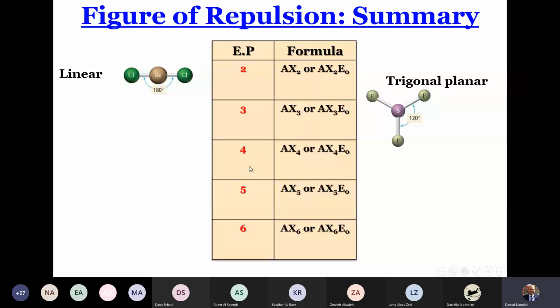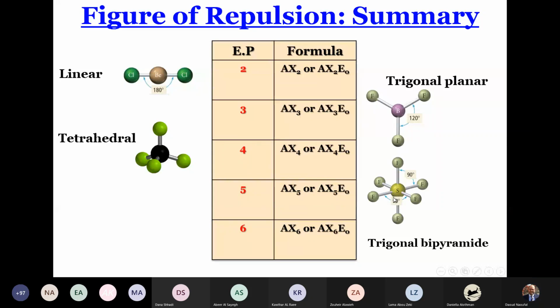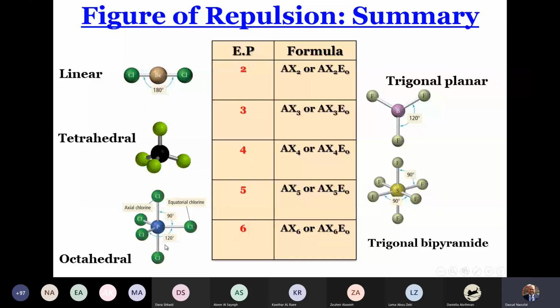The figure of repulsion and the geometry are tetrahedral. For EP5, the form is AX5 or AX5E0. The FR and GE are, pay attention, we have to correct, this is trigonal bipyramid, and for EP equals 6, the figure of repulsion is octahedral. So trigonal bipyramid is for this figure, and octahedral is for SF6.